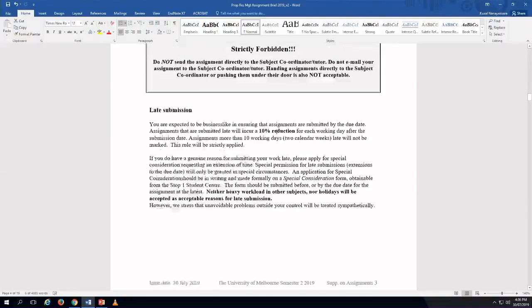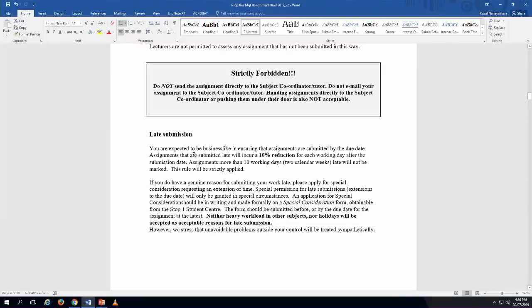Late submission, important. You are expected to be business-like in ensuring that assignments are submitted by the due dates. Please submit on time. If you really think you will not be able to make it due to unforeseen circumstances beyond your control, then get the special consideration before the due date. Right?